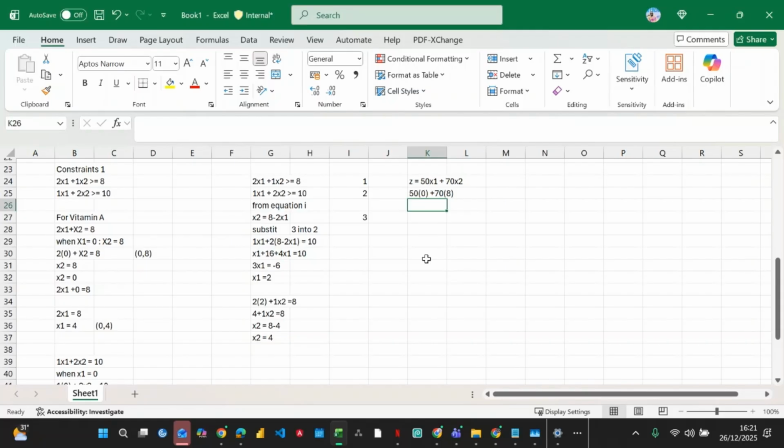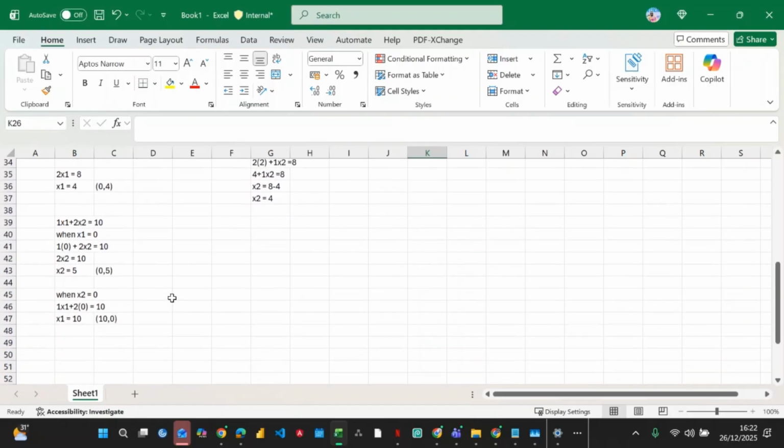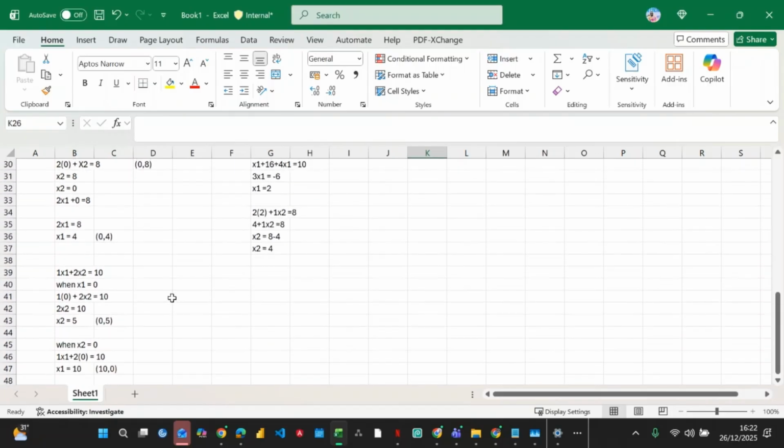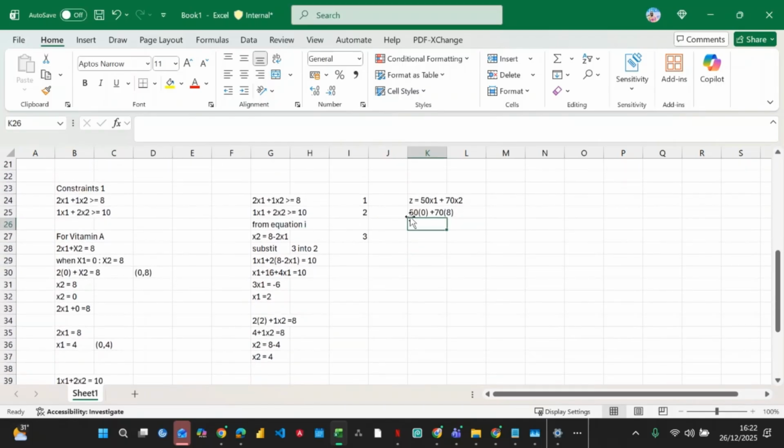That's the point we're looking at. We need to check another point because we just can't take that; it may not really work like that.